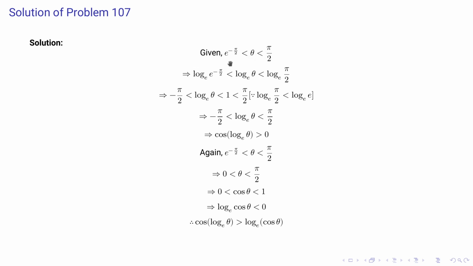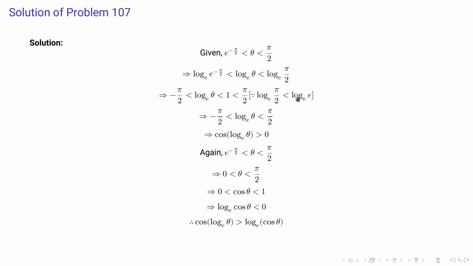So we take log natural, that is log with base e. So it becomes what is given here. And then the first term becomes minus pi by 2. The second term remains log theta with base e, and log of pi by 2 with base e is less than log of e with base e.